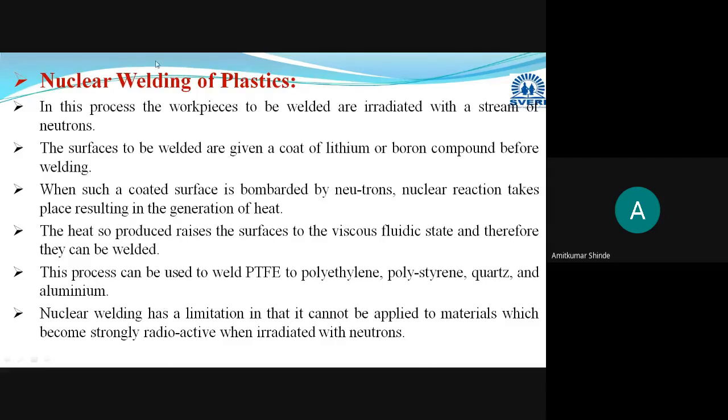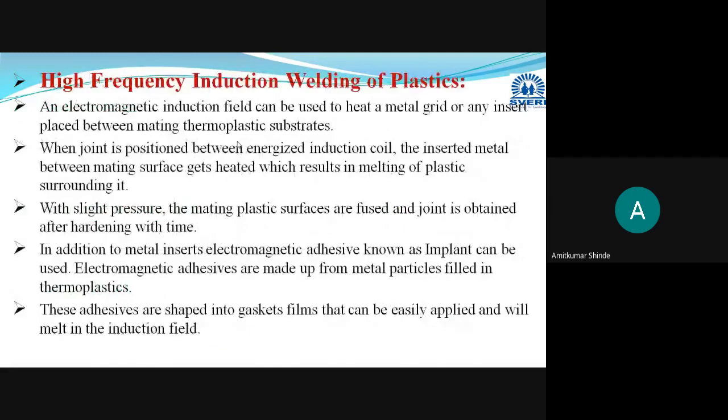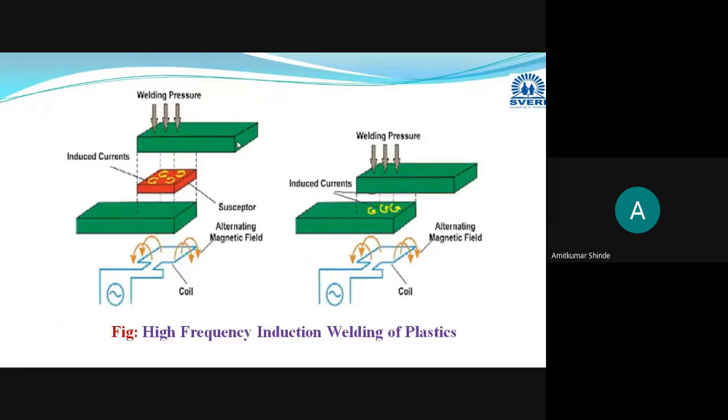In this way, we have discussed nuclear welding with its working principle, advantages, disadvantages and applications. In today's session, we have also discussed high frequency induction welding of the plastics with its basic working principle. Here the heating source is the inductor coil through which we pass alternating current.